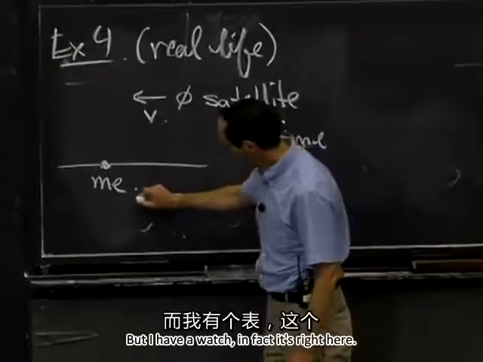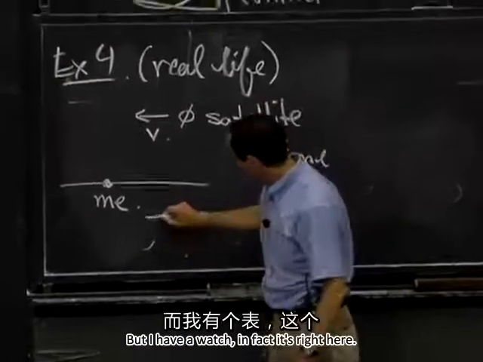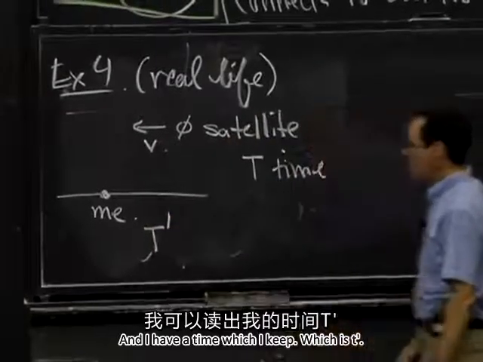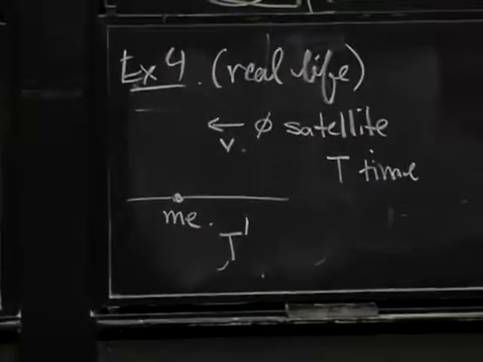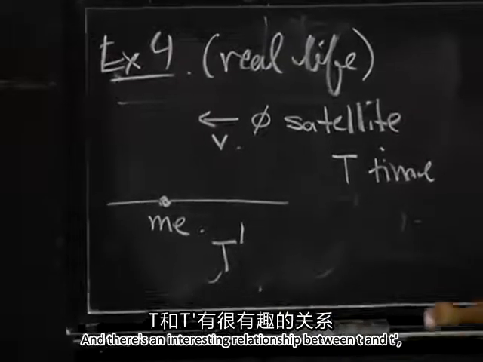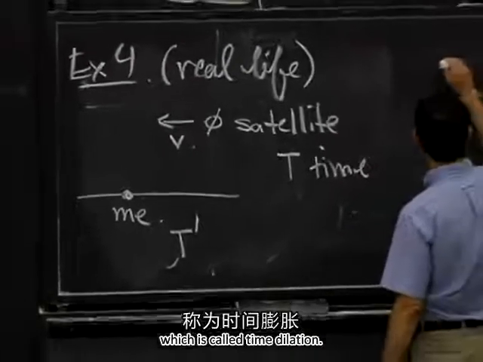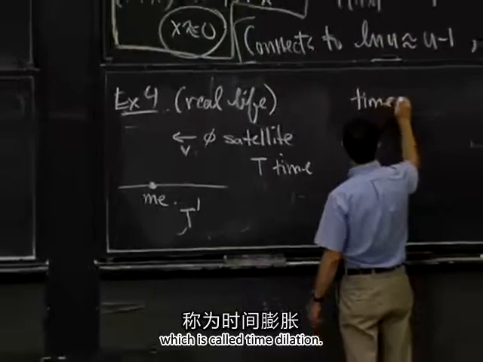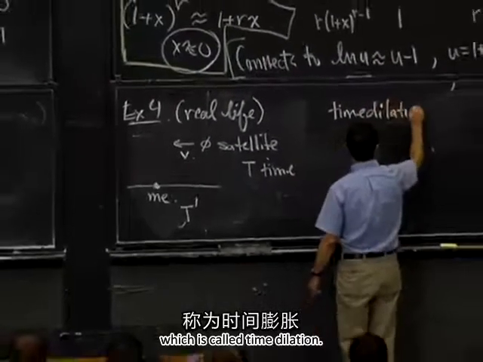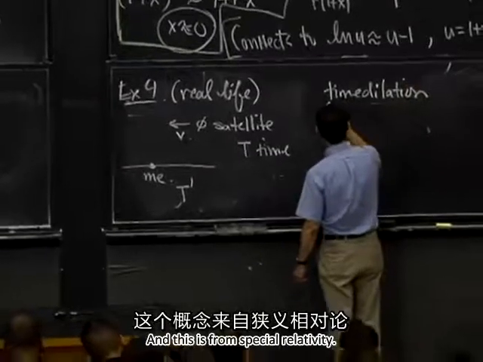But I have a watch, in fact it's right here, and I have a time which I keep, which is t prime. And there's an interesting relationship between t and t prime, which is called time dilation. And this is from special relativity.